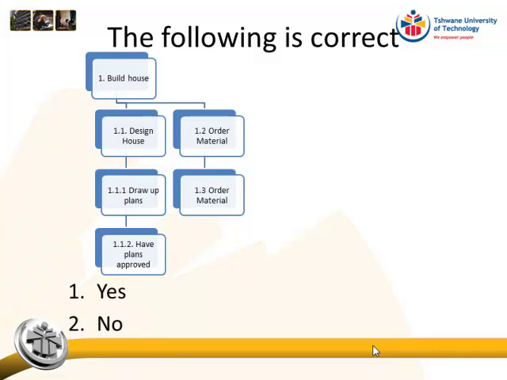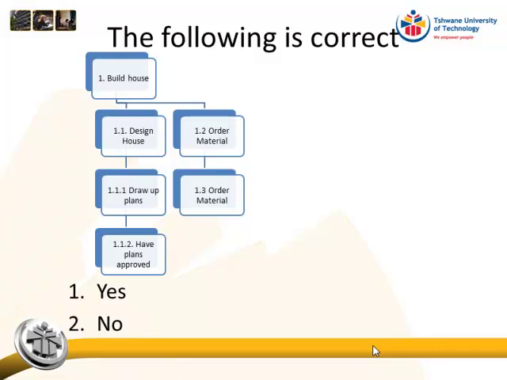So the question that you always ask yourself when you look at the lowest level of the work breakdown structure: if I have plans approved, have I drawn up plans? No. Because the activities below the parent should always make up the parent.